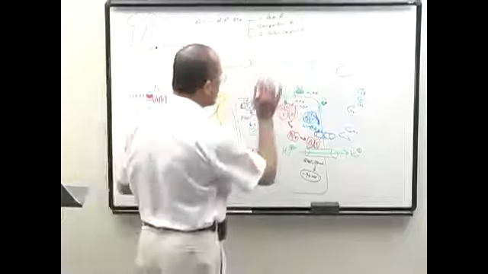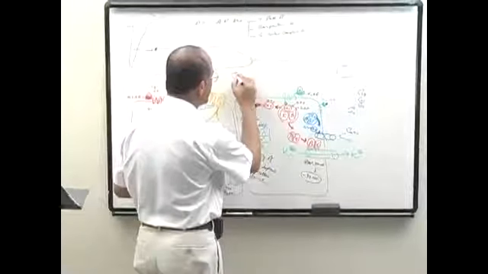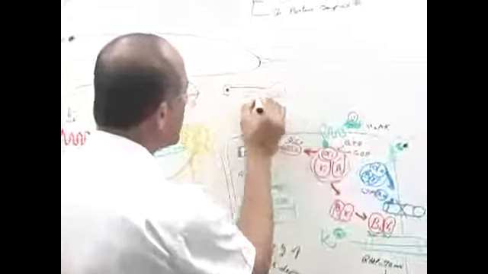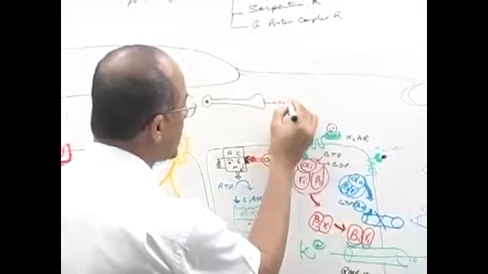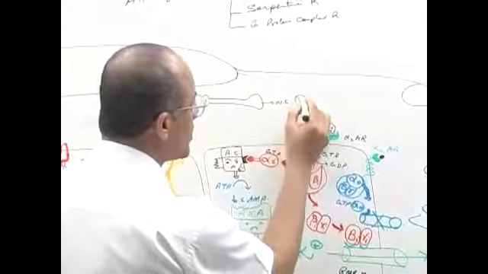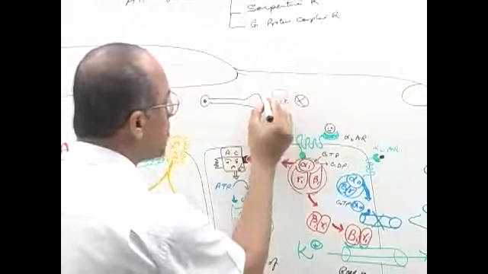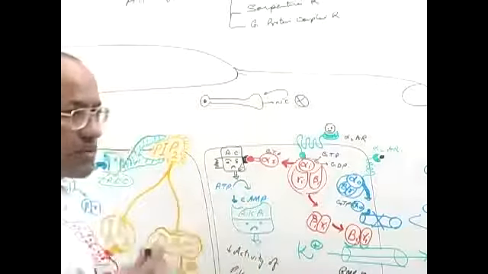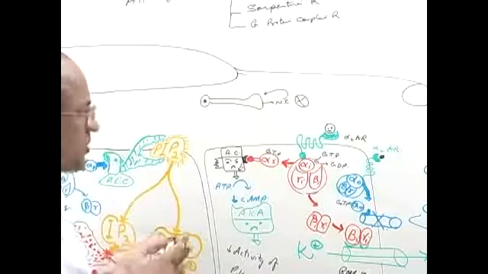If you remember in the very early lectures of the adrenergic system, if this is one neuron and this neuron is releasing norepinephrine here, and this is your target tissue, I told you norepinephrine works on the presynaptic membrane through which receptors?